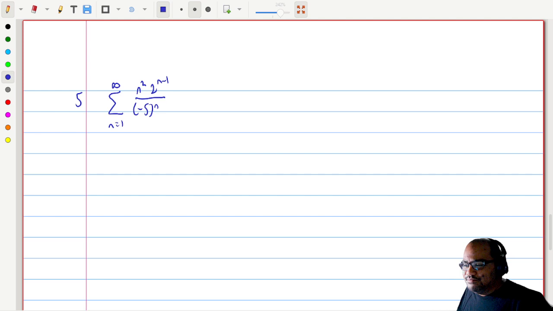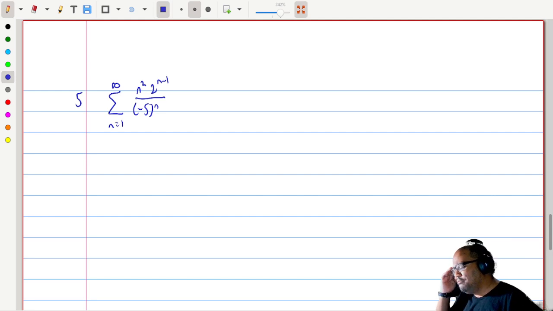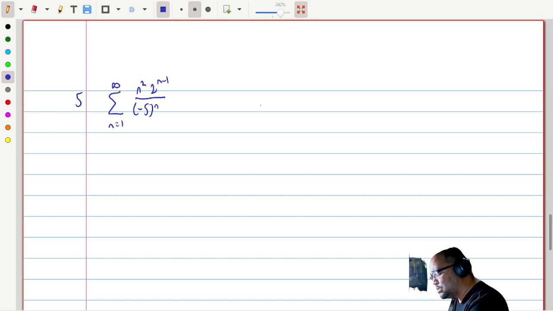Part of me wants to use a ratio test here, because ratio test is the most powerful. Let's do a bit of experimenting with the terms here. Let's look at the corresponding sequence.